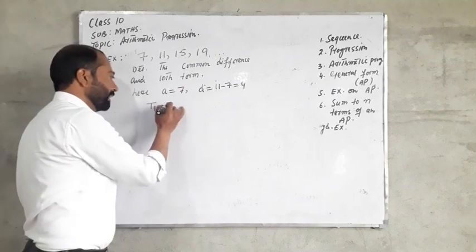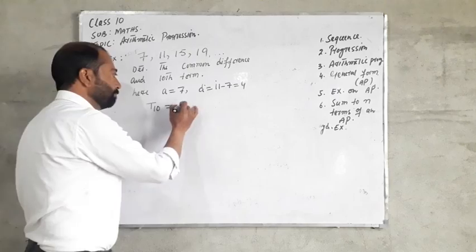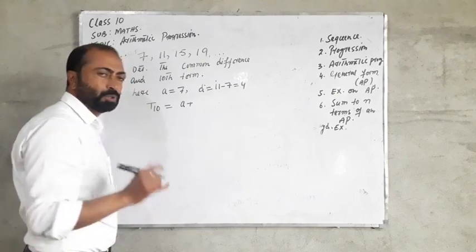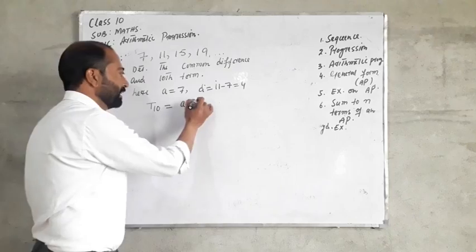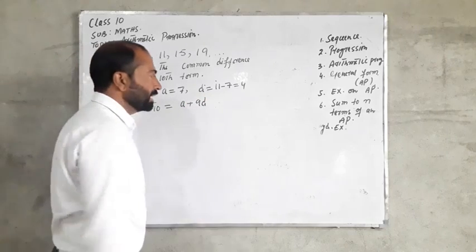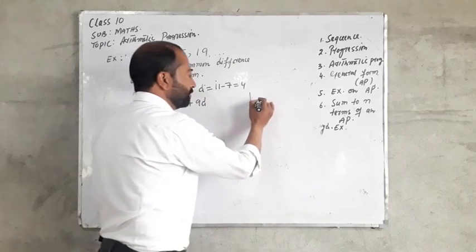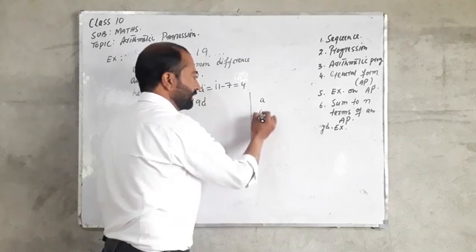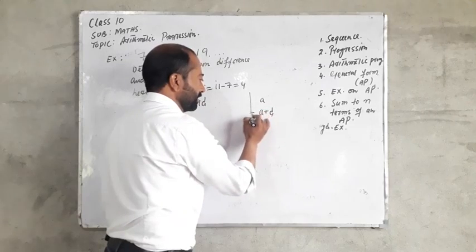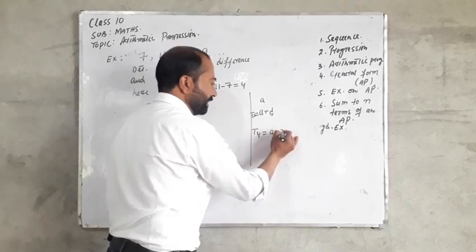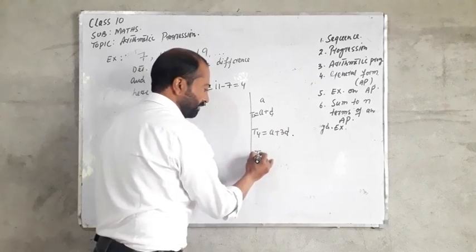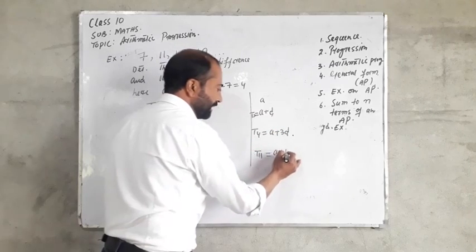T10 can be written as a plus, you have to subtract 1 from the subscript, 10 minus 1, it is 9d. Just like if you have to write the first term, it is a, the second term is a plus d, the fourth term is a plus 3d, the 11th term is a plus 10d.